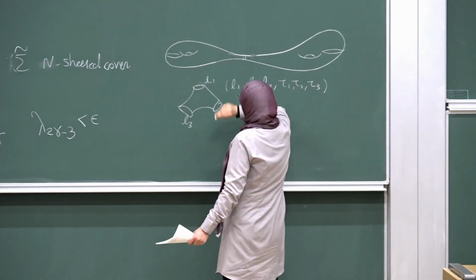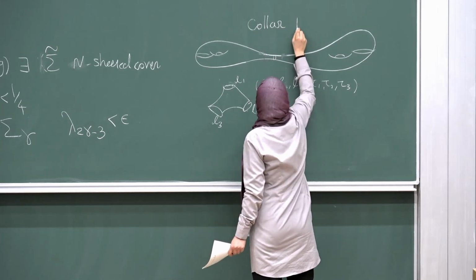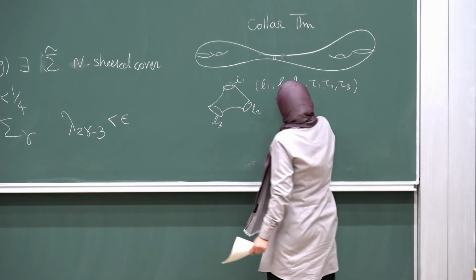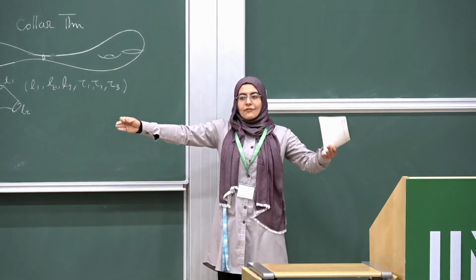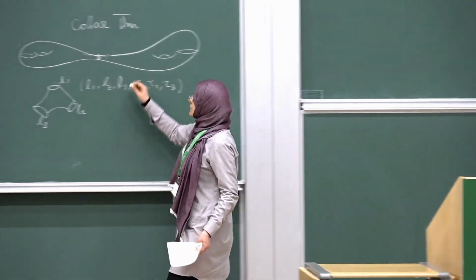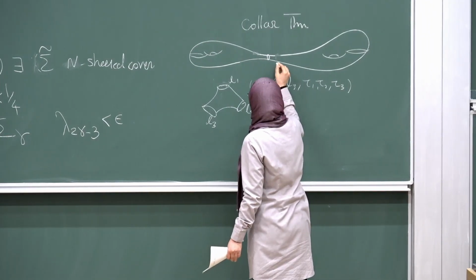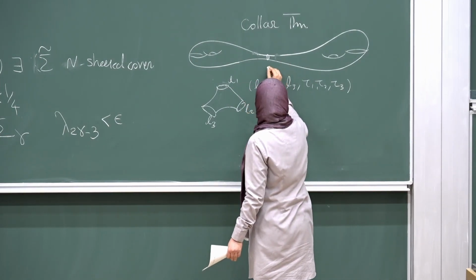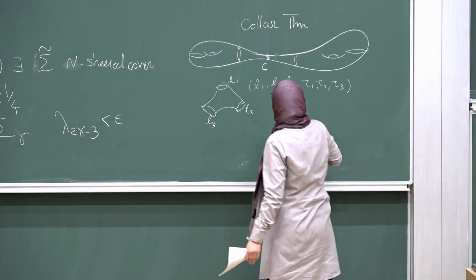And then there is another important theorem, which is called the collar theorem, which says that if I have a closed geodesic, I have a collar neighborhood around it. So if this is my closed geodesic, let's call it C, then I have a collar around that.